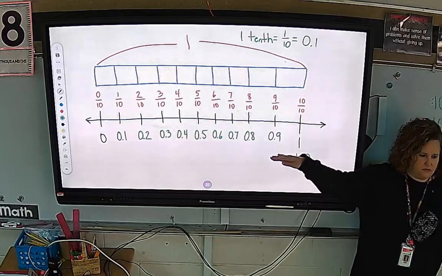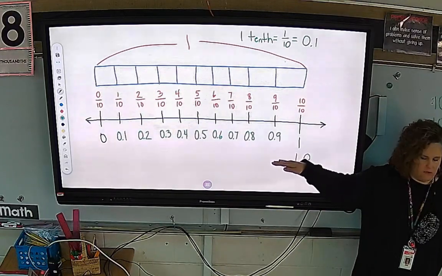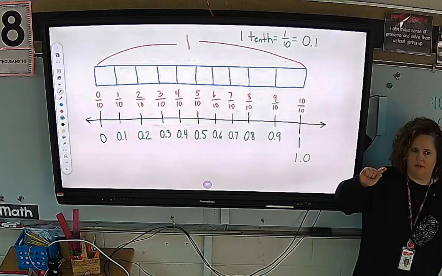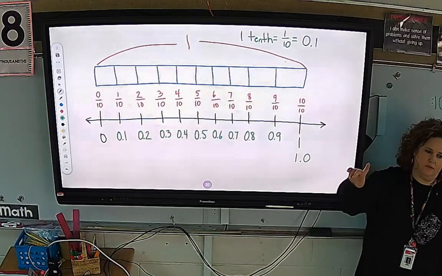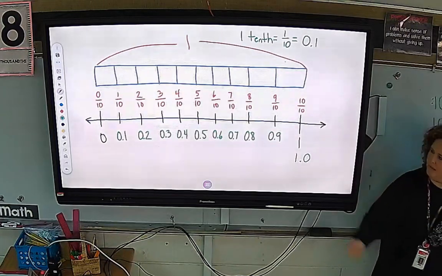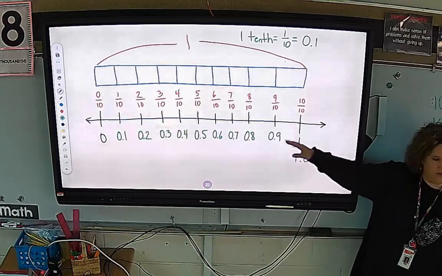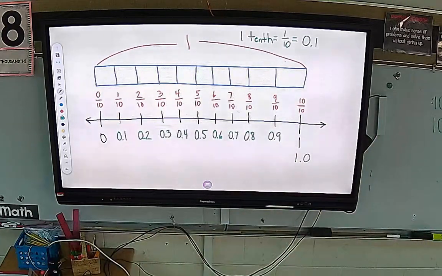In decimals, you're going to have one denominator. Well, I take that back. You're going to have a few more than one, but you're only going to have a small handful of them. What is our denominator every time we have a decimal in this place?